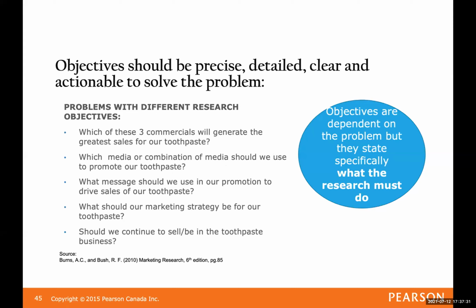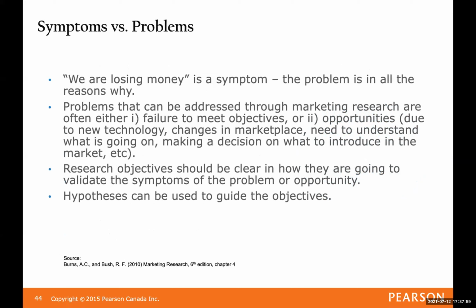In other words, where are your customers or consumers getting information? What platforms do they use? And it would mean that the company would also have to use that platform. Very, very critical. What message should we use in our promotion to drive sales of our toothpaste? And these are examples of objectives relating to a company that is going to research toothpaste.